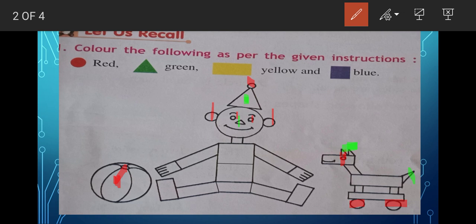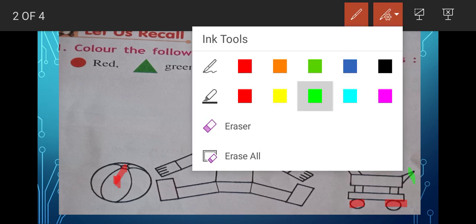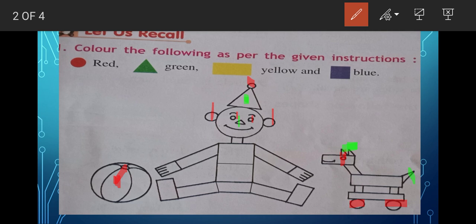Okay, so the next one is all the rectangles to be colored with yellow. So let us do yellow for all the rectangles. Where are the rectangles? The hands, isn't it? This one is rectangle in shape. This is also rectangle in shape. The legs are rectangle in shape. All these are rectangle in shape.